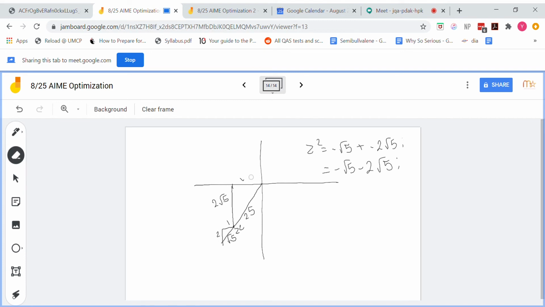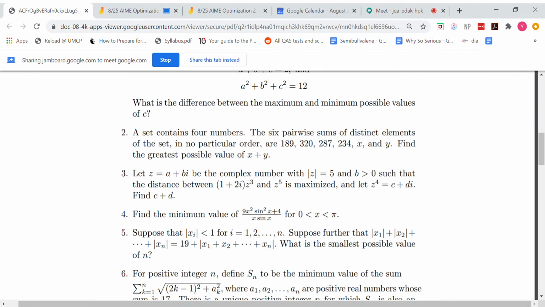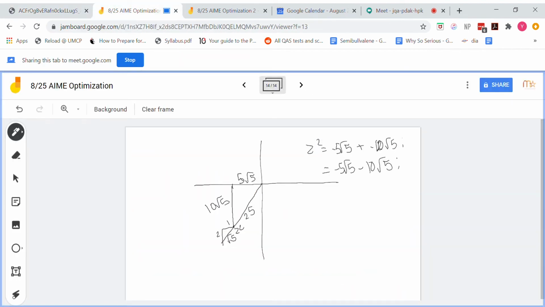And so this is 5 root 5, and this is 10 root 5. And so z squared is equal to negative 5 root 5 minus 10 root 5 i. Right? And what we're trying to find is z to the 4th. And so we can figure out z to the 4th, and so we can figure out the answer. All right?